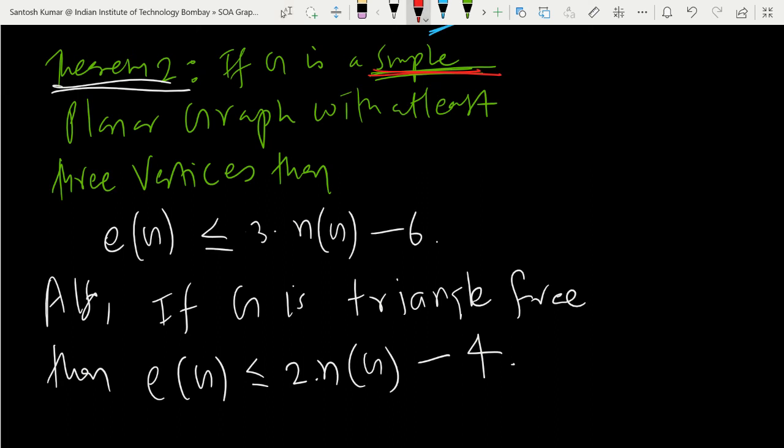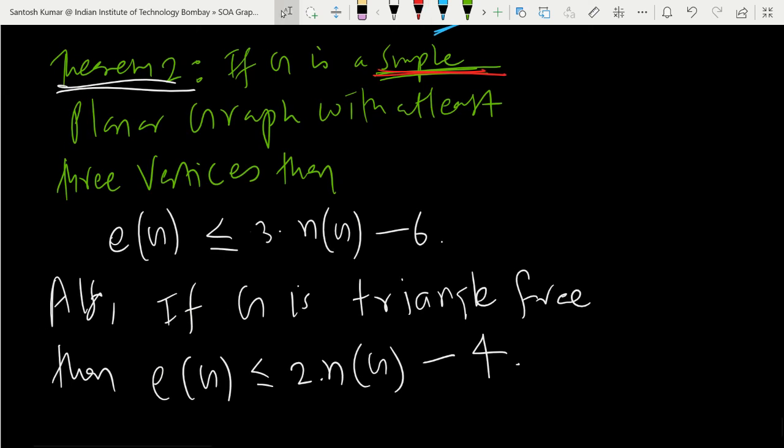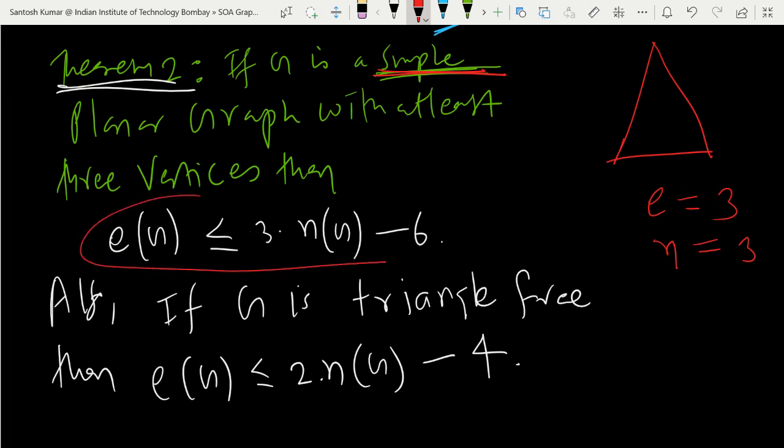First you can verify with some example. For example, simply take K3. In K3, if you notice, the number of edges is 3, and the number of vertices is 3. Fine. So check whether the first result holds or not.